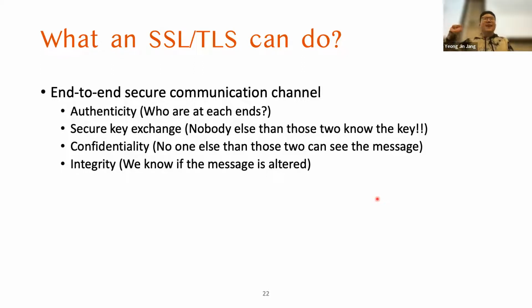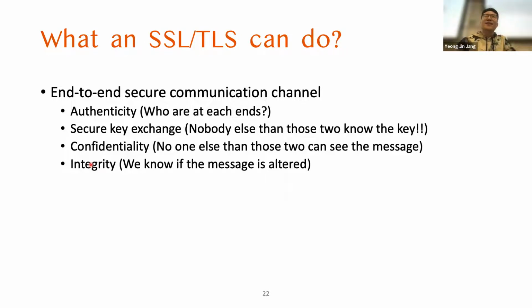To have it, they provide these properties: authenticity, confidentiality, and integrity. Specifically, to verify authenticity we use digital certificates, and we do key exchange with Diffie-Hellman, and then use a symmetric cipher and HMAC.